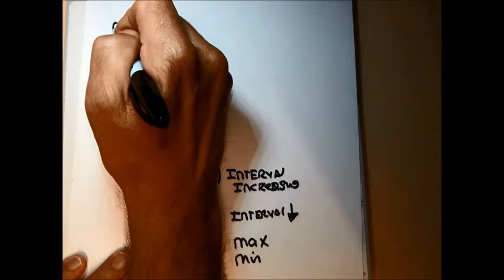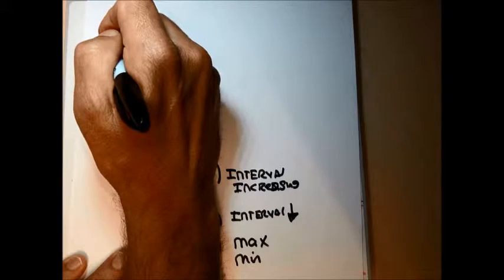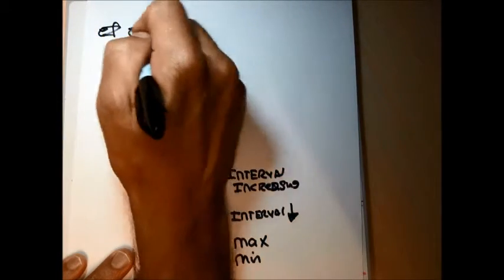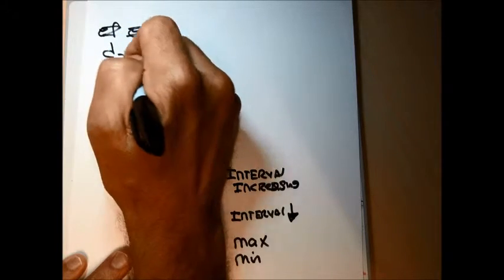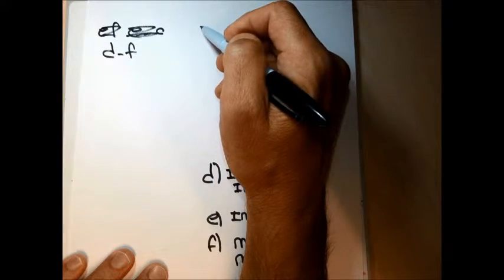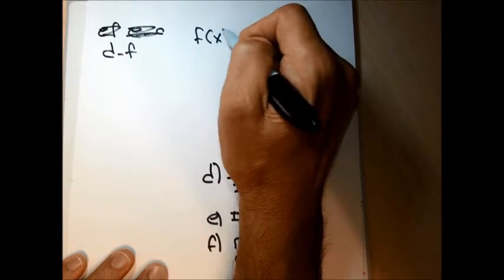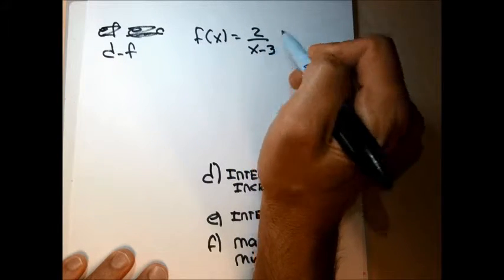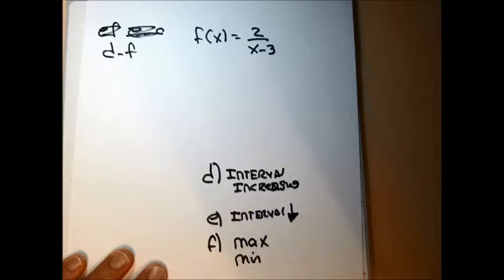So the original function, for parts D through F, is f of x equals 2 over x minus 3. Because the numerator doesn't have any x's, I can avoid the quotient rule and use the chain rule, which is easier.